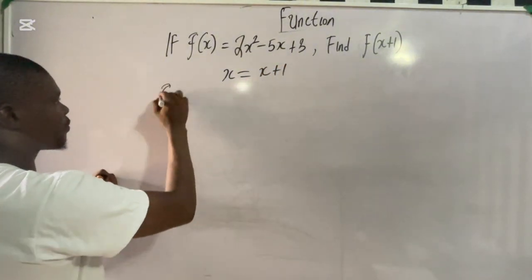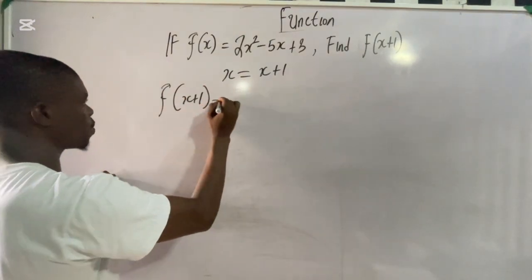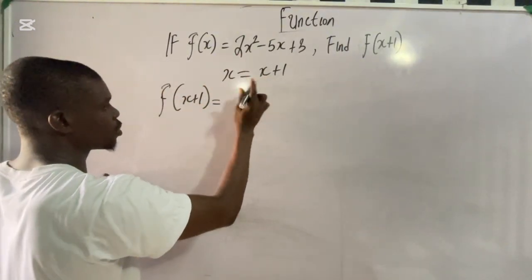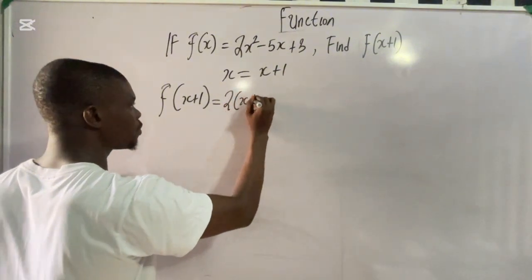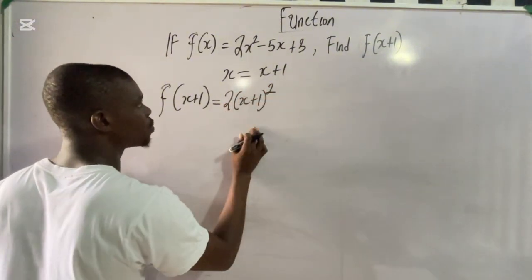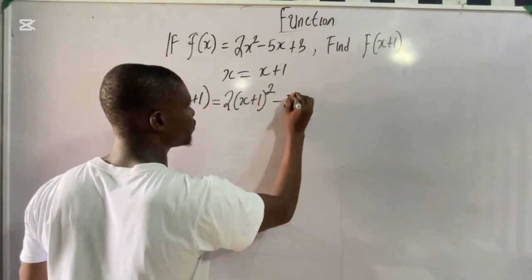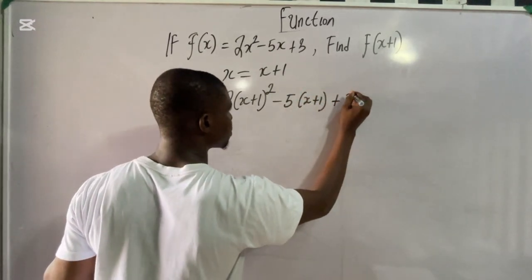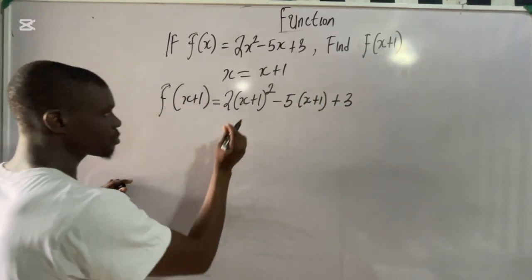So f(x + 1) equals, now wherever I see x, I put x + 1. So it's going to be 2(x + 1) raised to 2, minus 5(x + 1), plus 3.